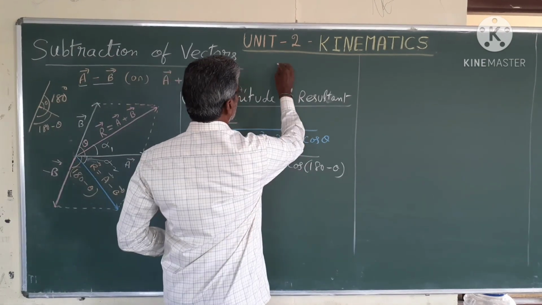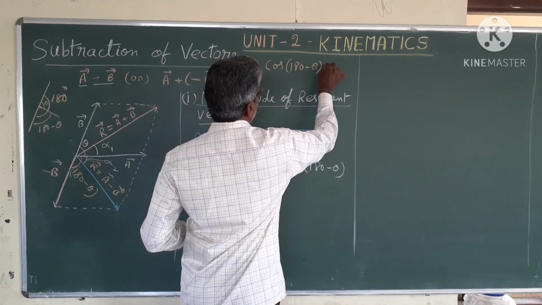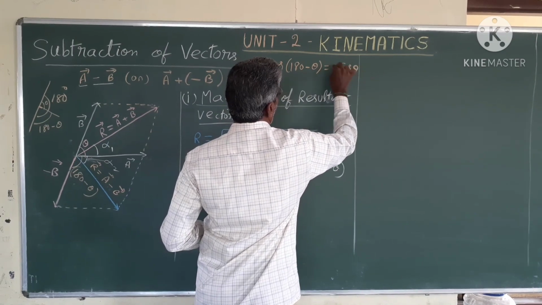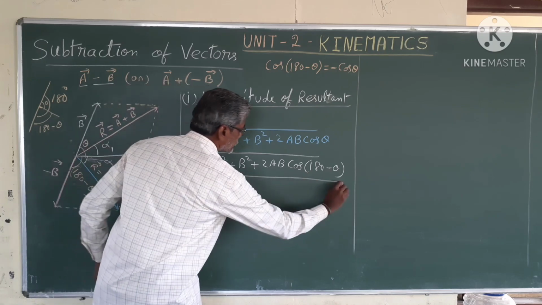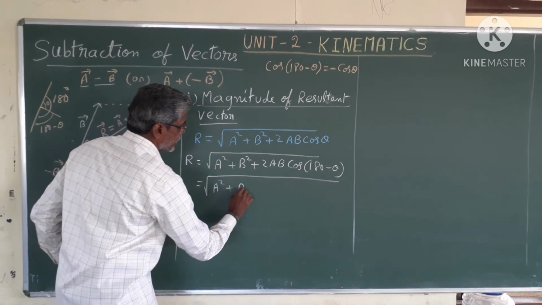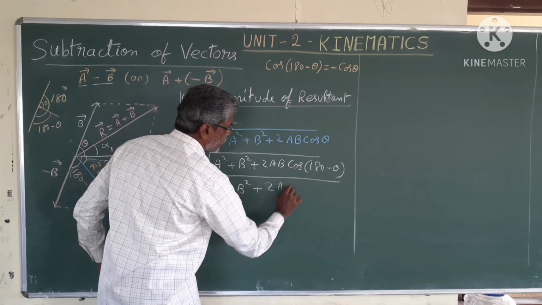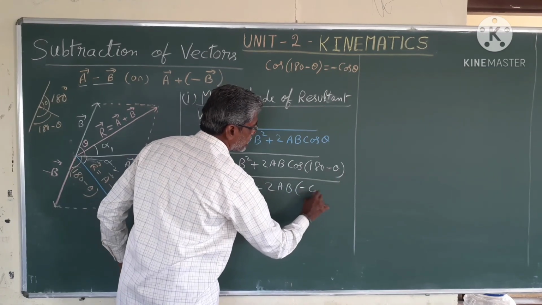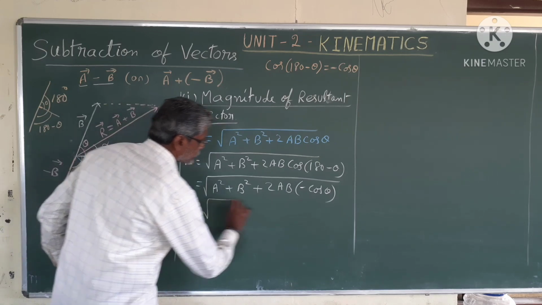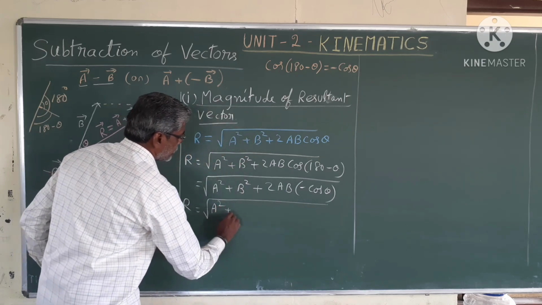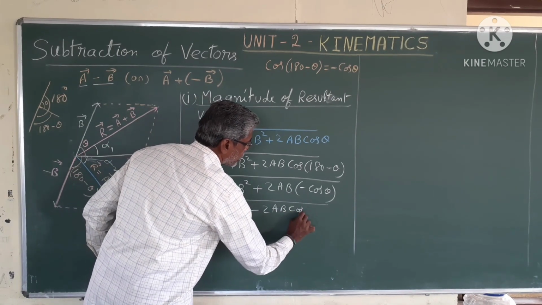So what is the trigonometric identity? Cos 180 minus theta is nothing but minus cos theta. So I can write a square plus b square plus 2ab times cos 180 minus theta, which is minus cos theta.